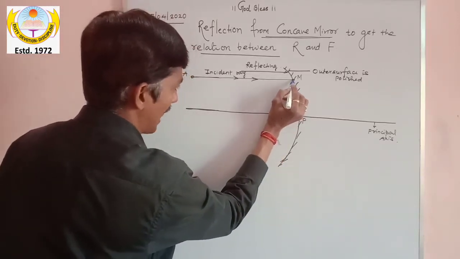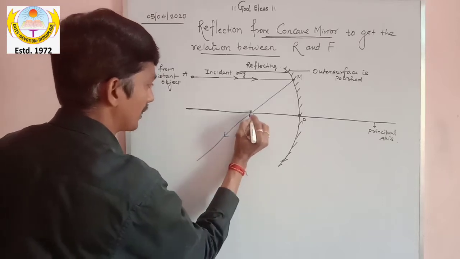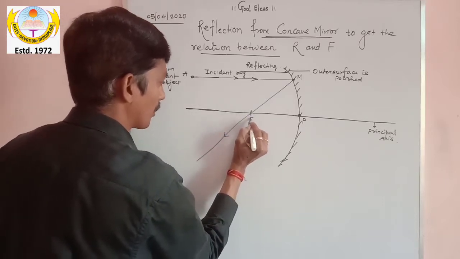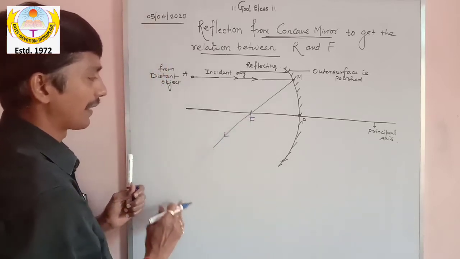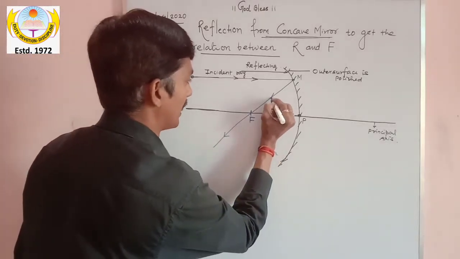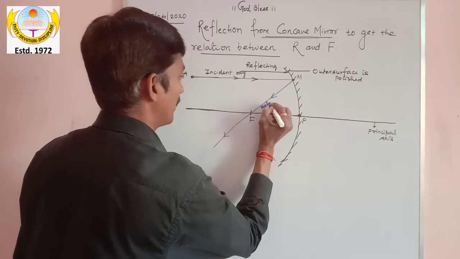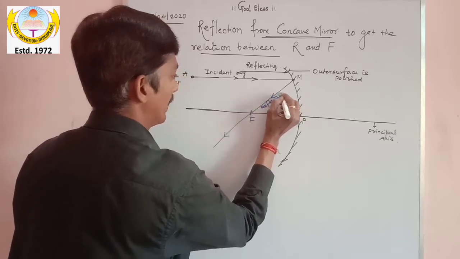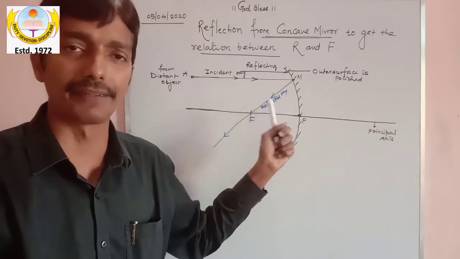After reflection, this ray will pass through the principal focus. Here I will mark the principal focus, denoted by F. So this is the ray which passed through the principal focus, and this ray, you all know, is the reflected ray. So you can see the incident ray, you can see the reflected ray.